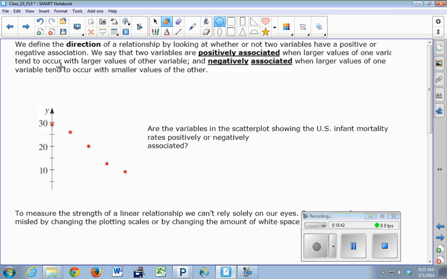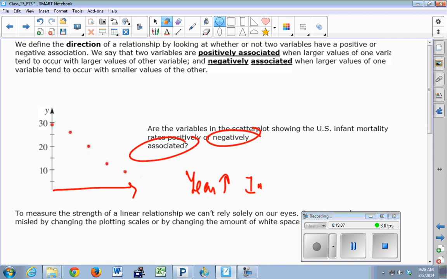So they tend to occur. It's not always if one thing happens the other does. They tend to occur together. And they're negatively associated when larger values of a variable tend to occur with smaller values of the other. We already know the answer to this because Paul gave it to us. We know that these are negatively associated, because as our decades go up, as year increases, the infant mortality rate tends to decrease.